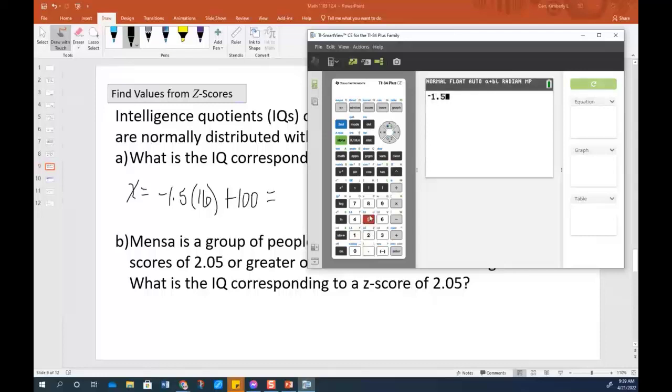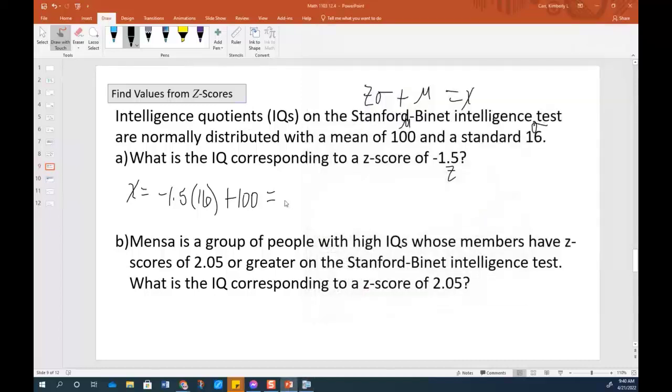Negative 1.5. You can type it in exactly like I wrote it. So times 16 plus 100. And that gives me 76. This particular IQ was 76.